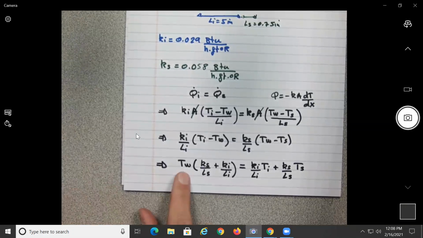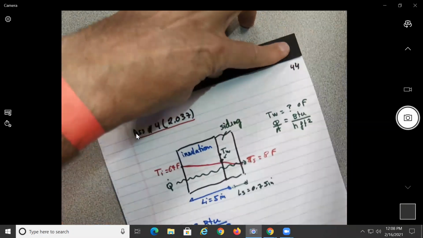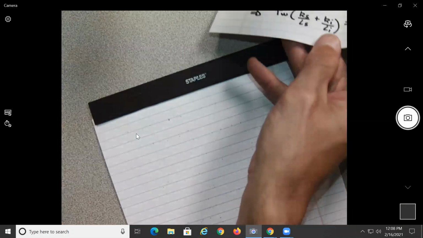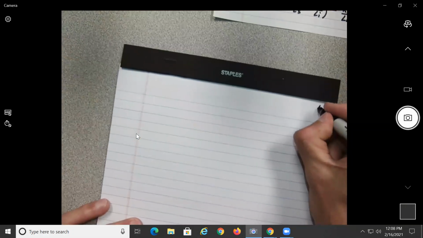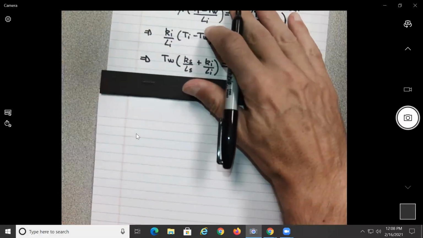So I just need to solve for T wall. All right, so I'll solve for T wall over here on that equation.